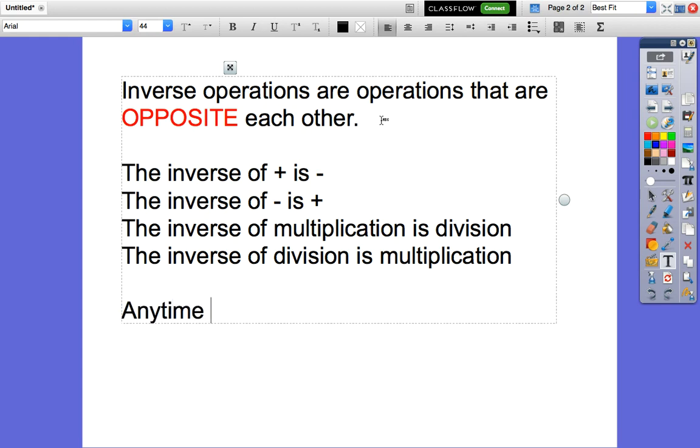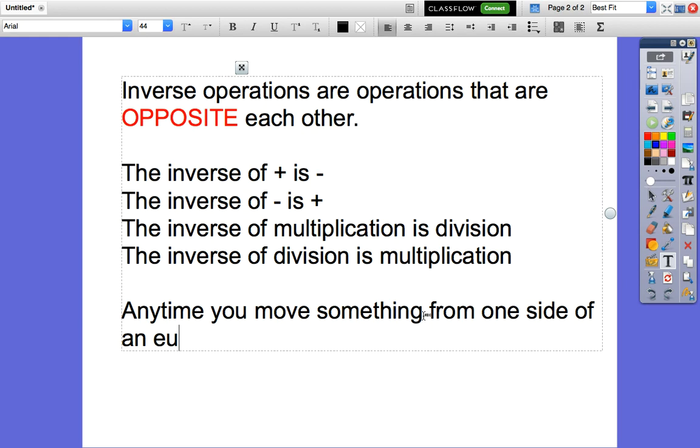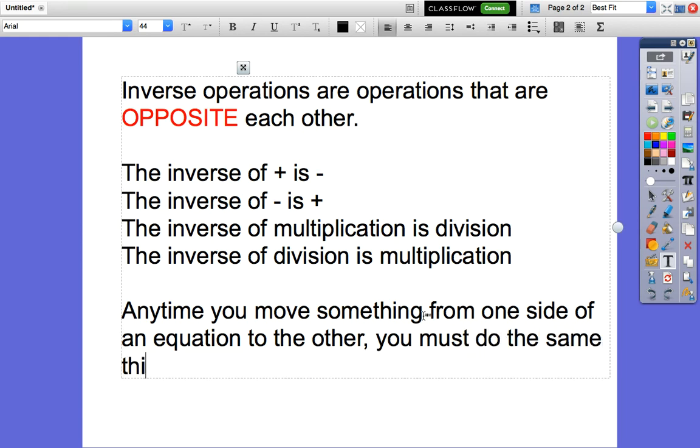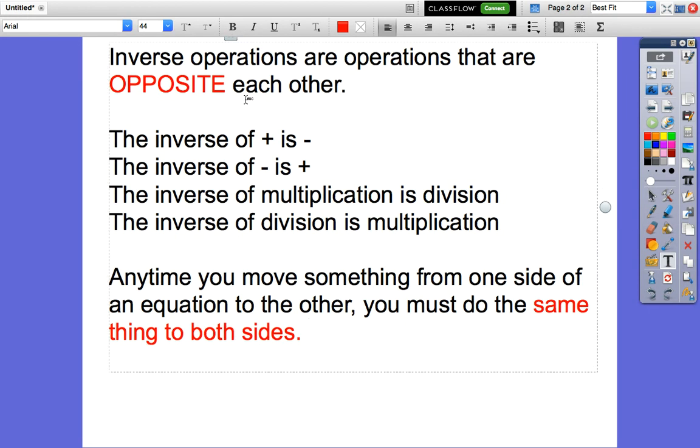Now, anytime you move something, whoops, forgot my space. Anytime you move something from one side of an equation to the other, you must do the same thing to both sides. So same thing to both sides is our key right here. All right.